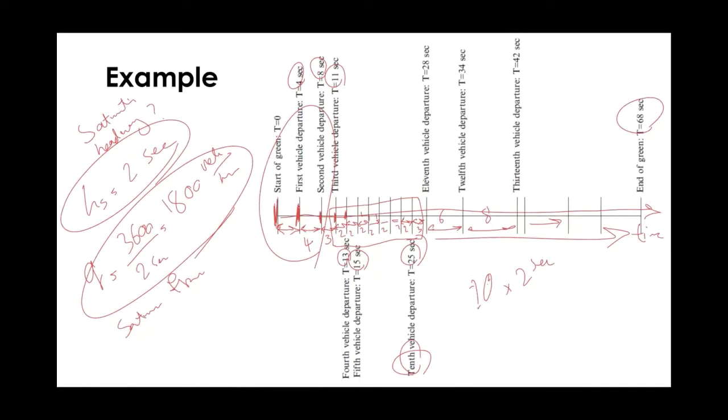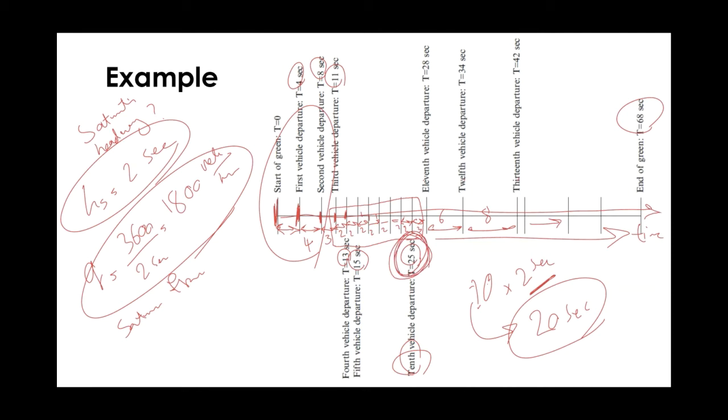If all these 10 vehicles were able to go through the intersection with the saturation headway, it should have only taken them 20 seconds. However, in reality, it took them 25 seconds to go through the intersection.